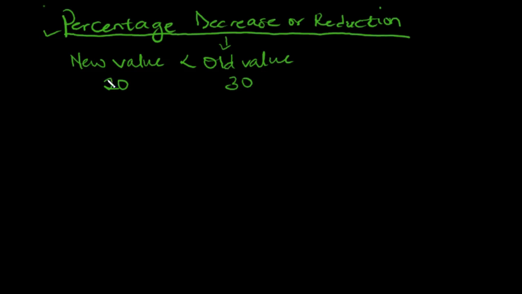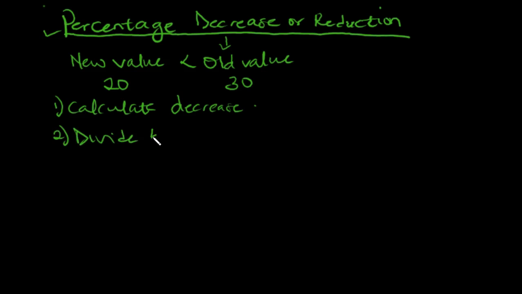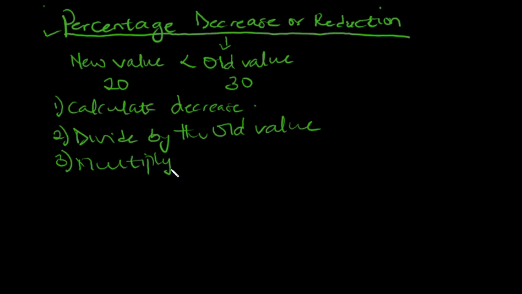Now, the steps involved in calculating a percentage decrease: you have to calculate the decrease first, divide by the old value, then multiply by 100 over 1 to convert it to a percentage.